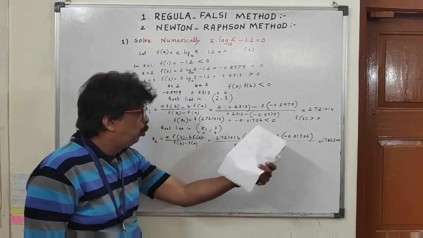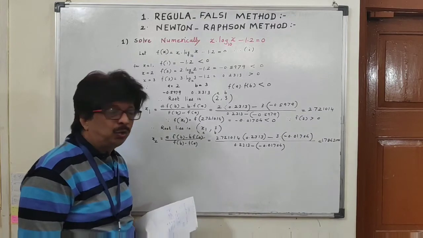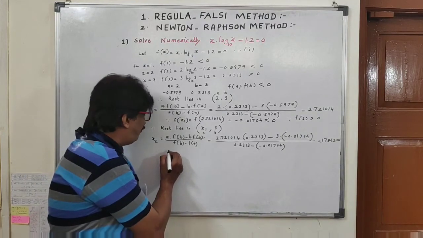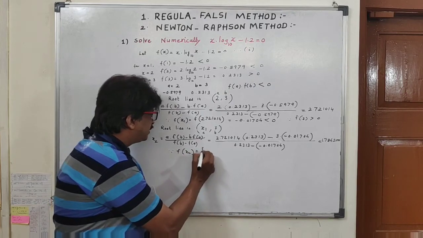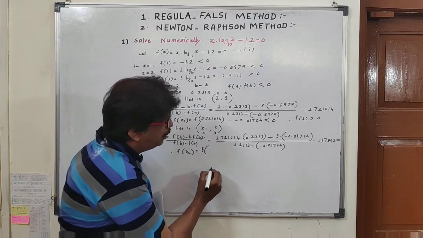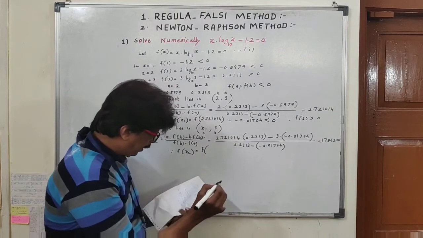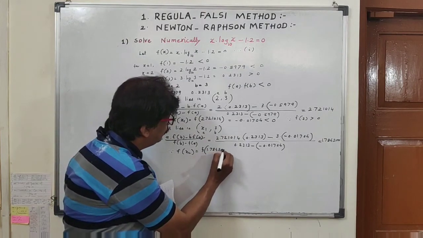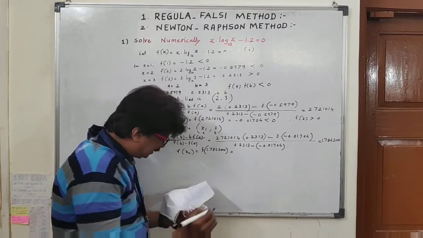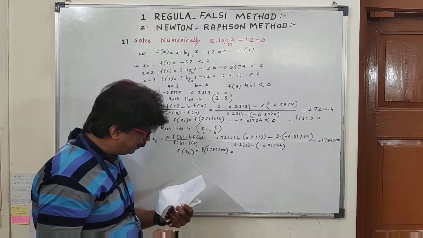So now after determining x2, I would find out its f value. f of x2, that is f of 1.784200, is, what is it?